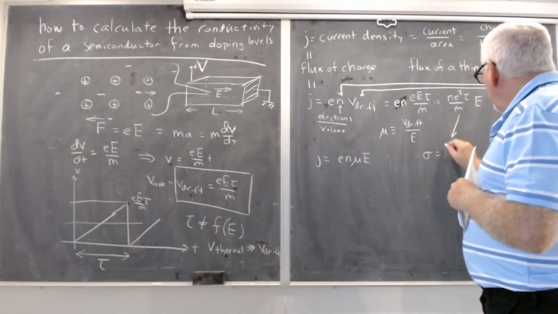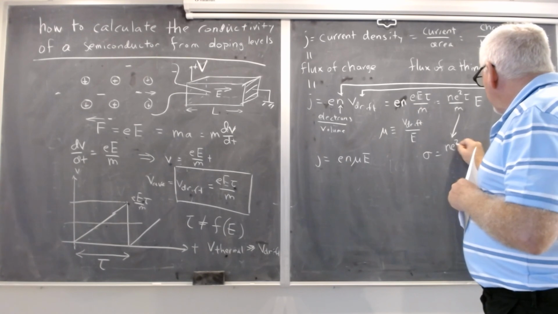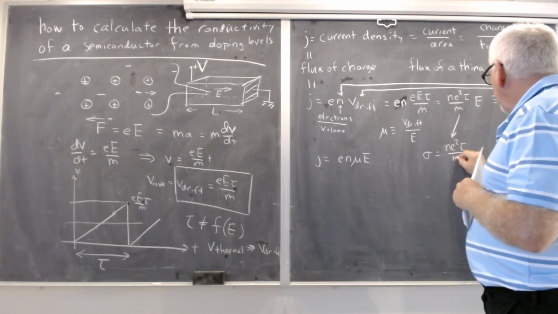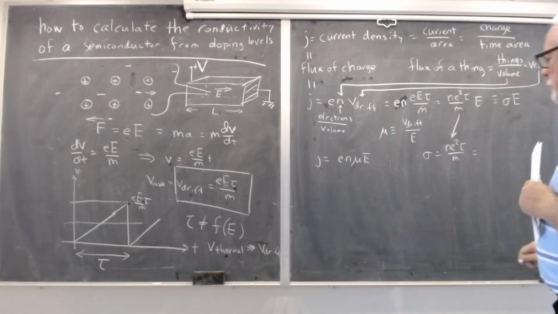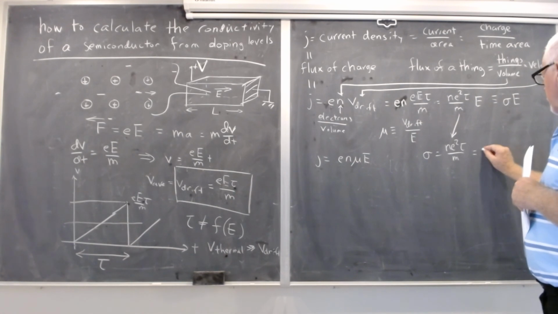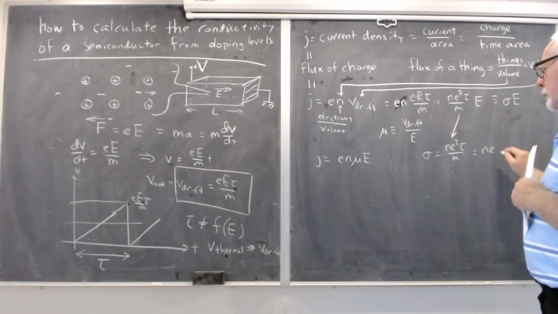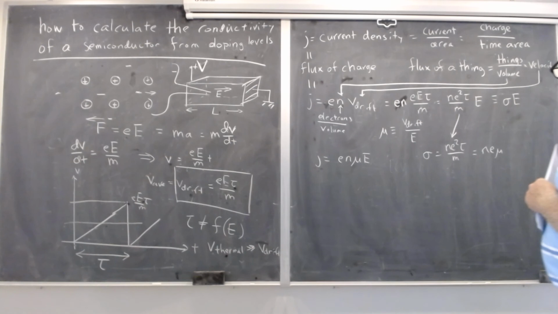It's equal to N E squared tau over M, and it's also equal to N E mu. And so from that we get that mu is equal to E tau over M.